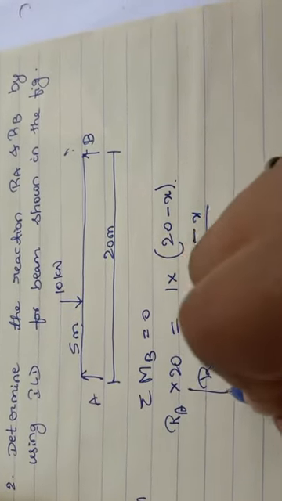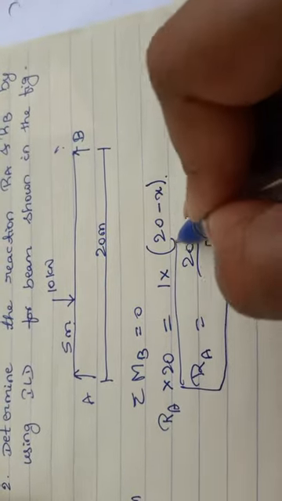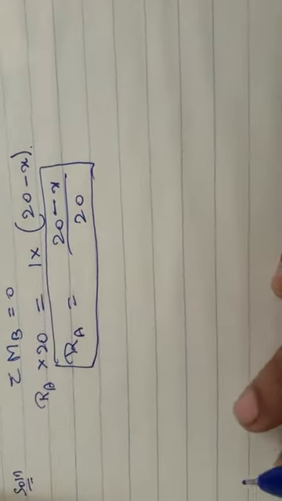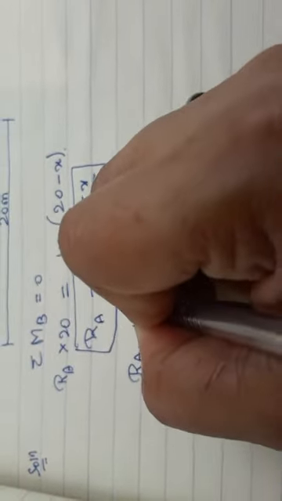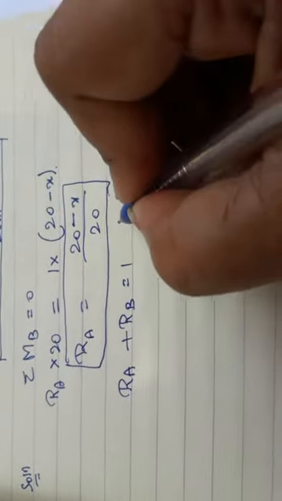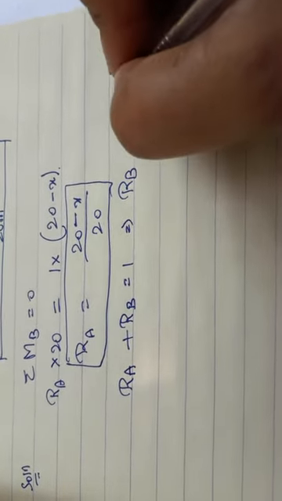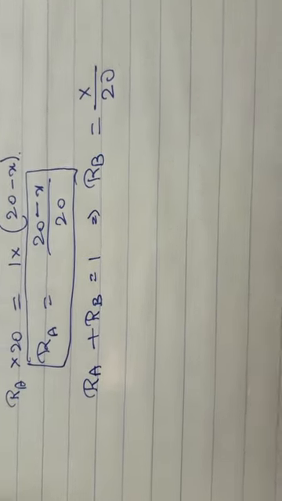This is the general equation, L minus X by L. RA is equal to L minus X by L. So, RA plus RB is equal to 1, which says RB is equal to X by 20.